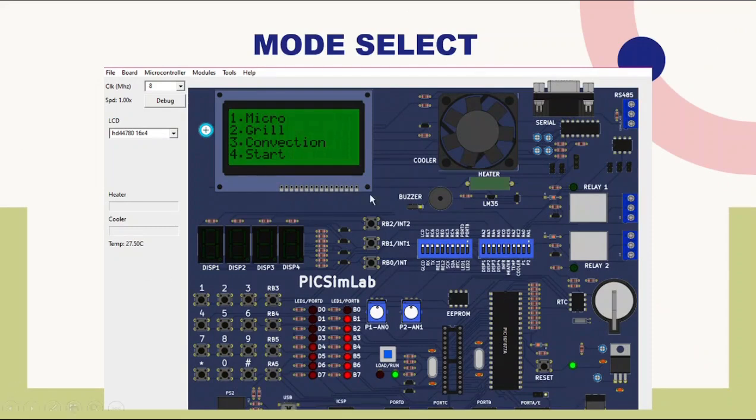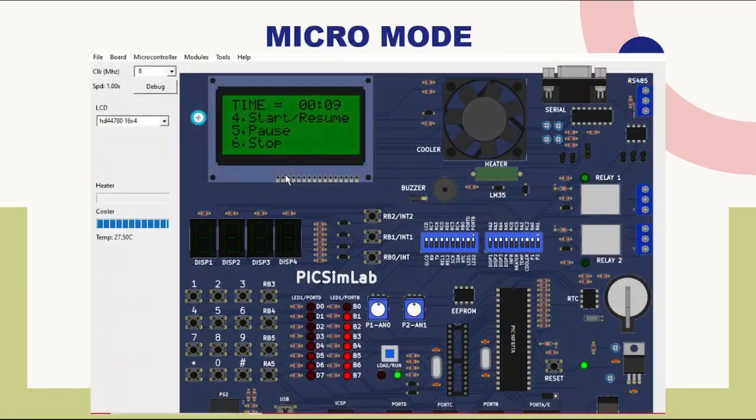You can see this is the mode select option displayed on the LCD display. This is the micro mode, where the timer was set by us and the timer is running with the options of stopping and pausing as well as resuming.